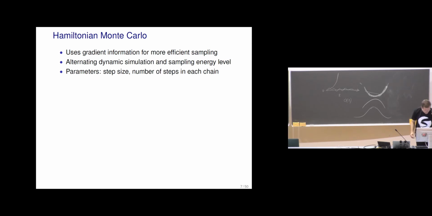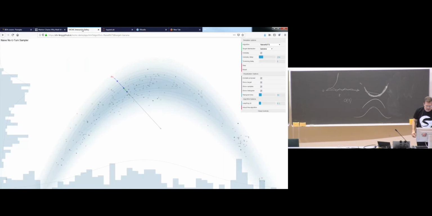And if we think about these animations, you can see that when it happens to propose simulating in the direction where the density is more narrow, it tends to have shorter chains, and when it happens to propose to simulate such that it can go along the density, it's making more steps. So it's adaptive all the time.